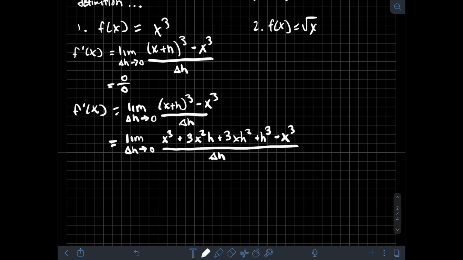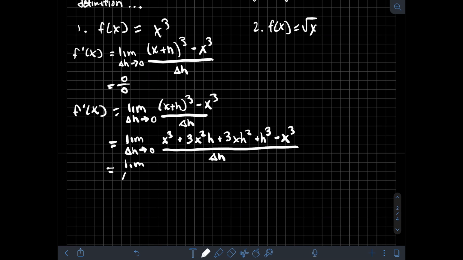Now if we first cancel out like terms, we see that our x cubed terms cancel out. So we have the limit as h approaches 0 of 3x squared h plus 3x h squared plus h cubed all over h.